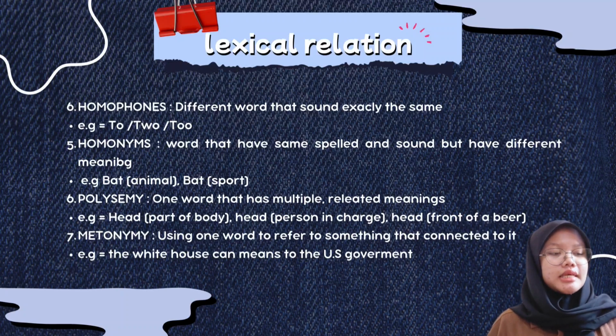The next is polysemy, one word that has multiple related meanings. It means that one word has many meanings that are related. The example is head, part of body, head, person in charge, and head, front of a beer.